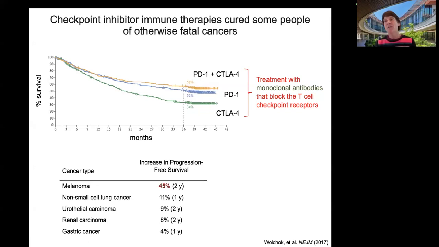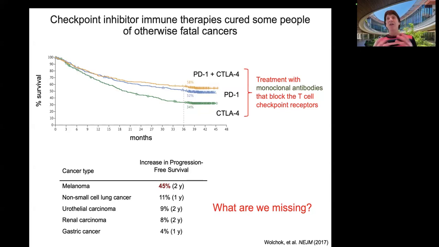So the big question in the field over the last decade has been, what are we missing? Why is it that some patients, usually less than half, can be cured with this particular class of immune therapies, but still the majority of patients don't seem to respond? Their immune systems remain paralyzed against the cancers.